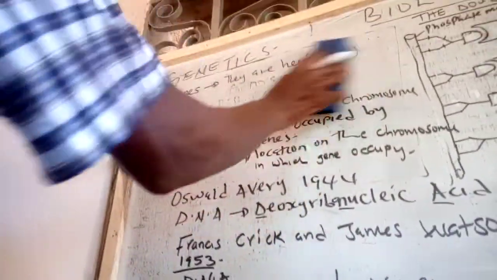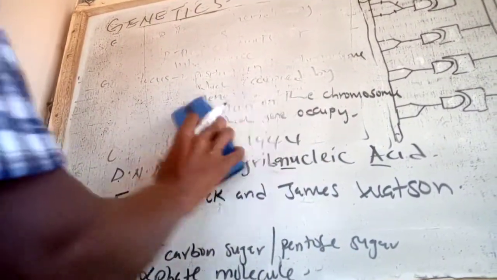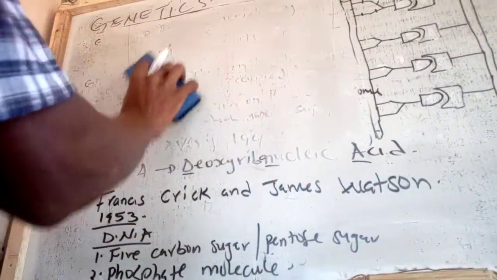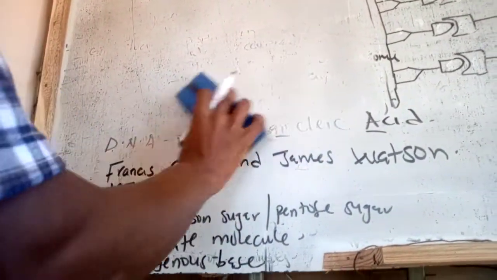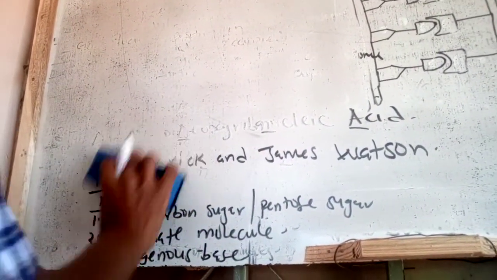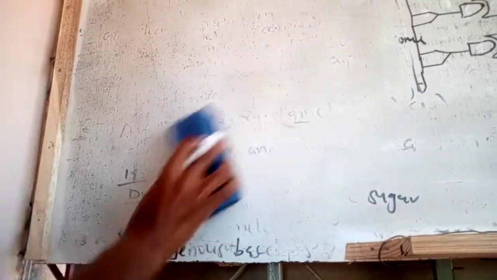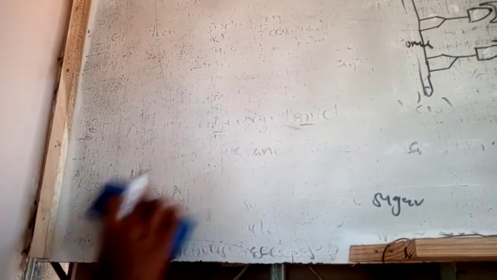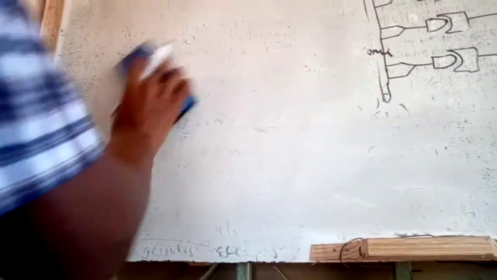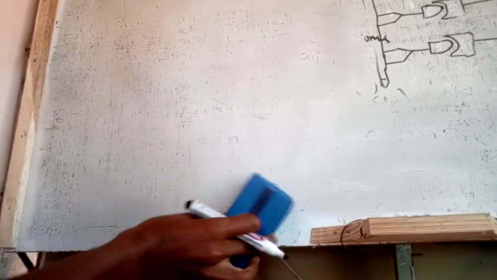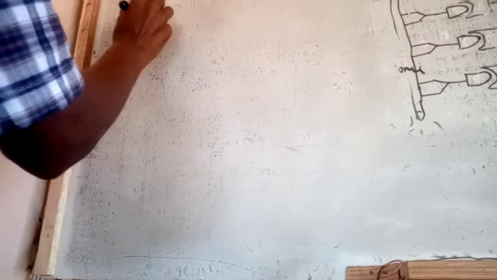And also it is very good to note that there are 4 types of nitrogenous base.